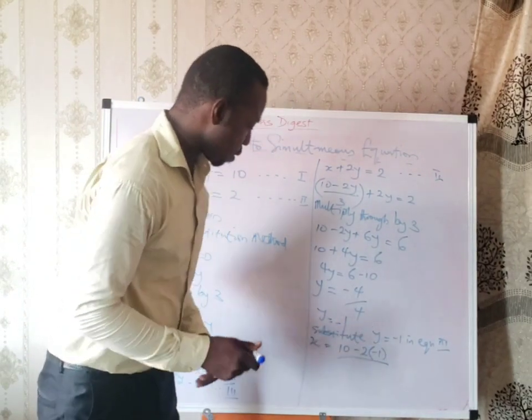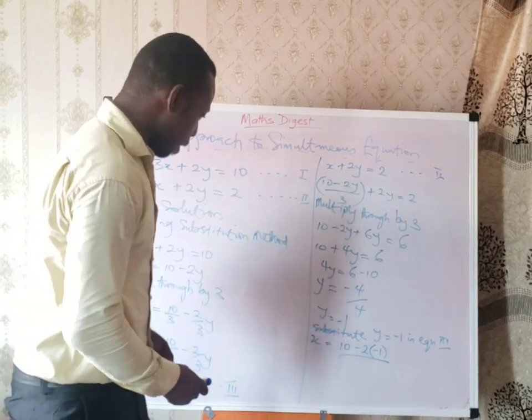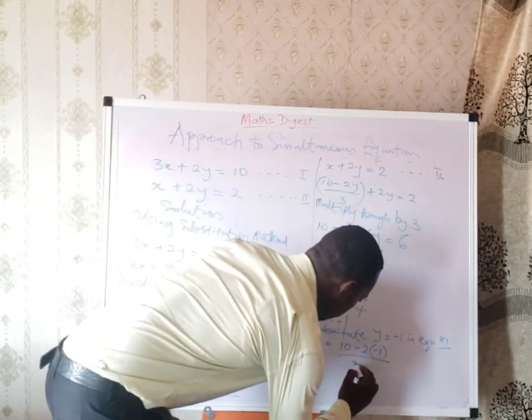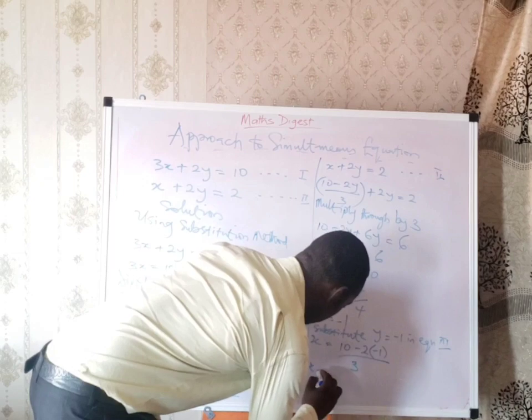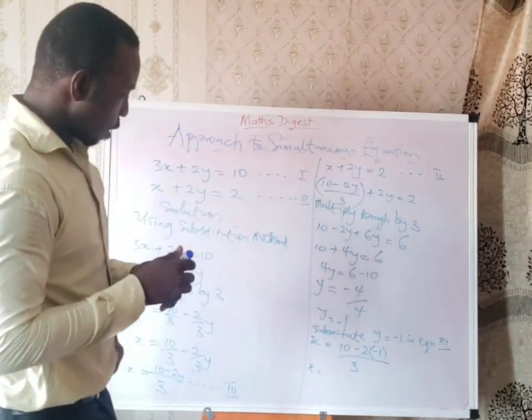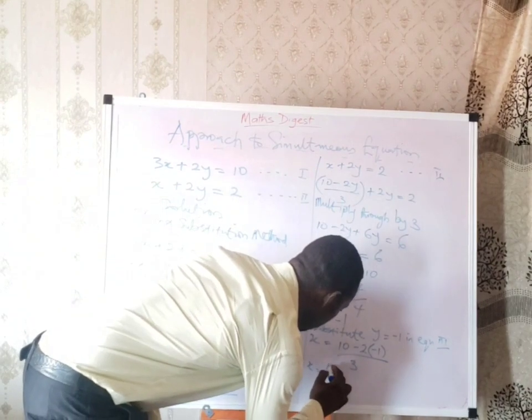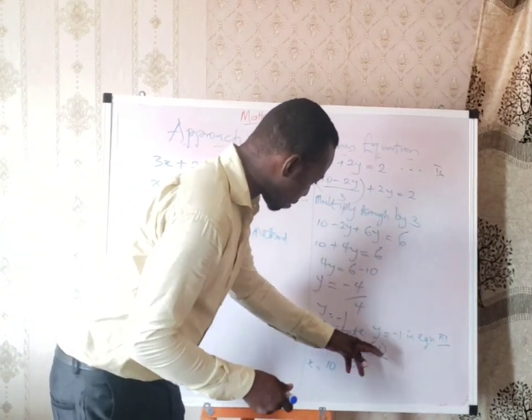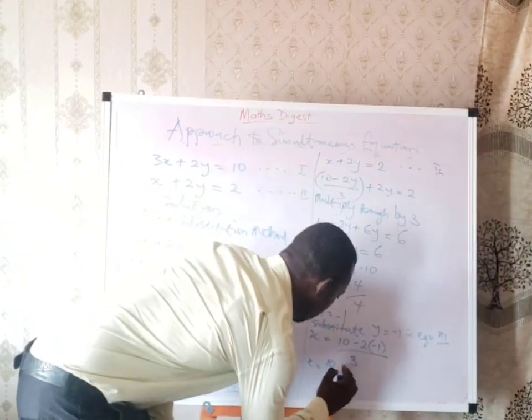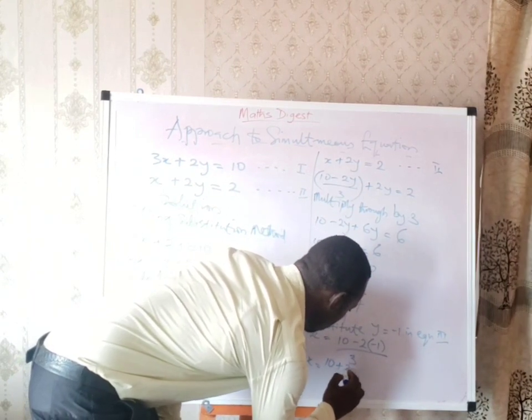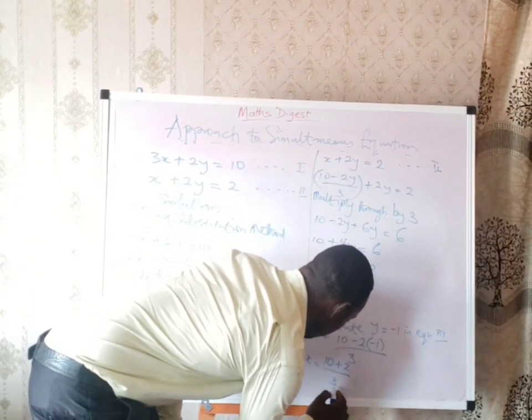Remember, y is now minus 1, all over 3. So x is equal to 10 minus 2 times minus 1, which gives plus 2, all over 3.